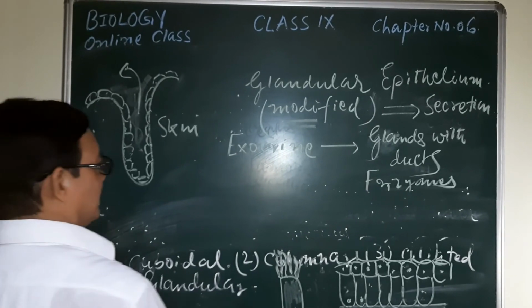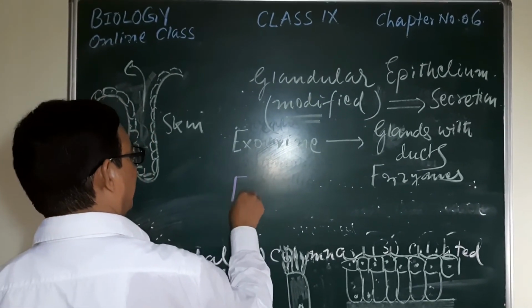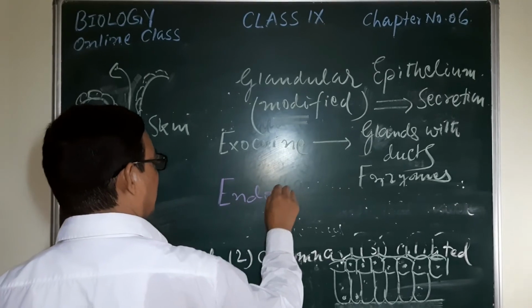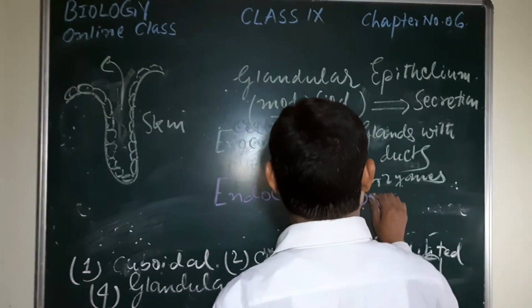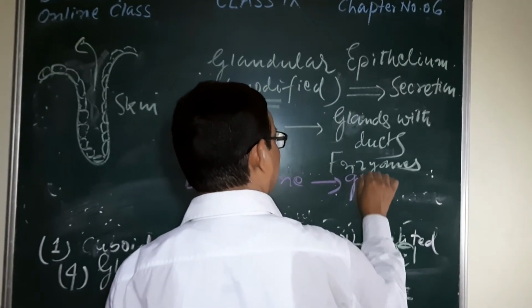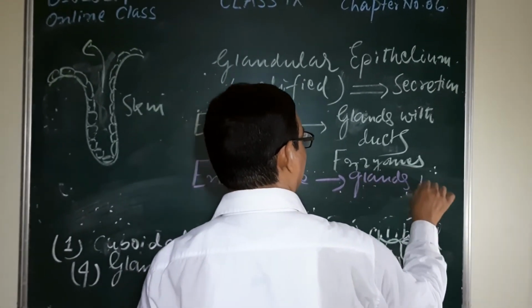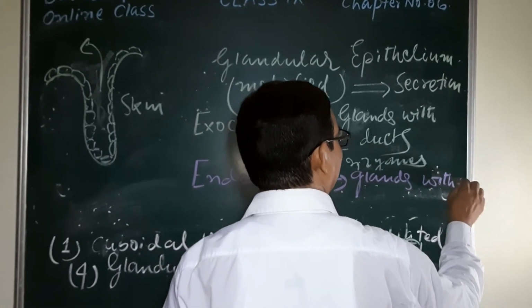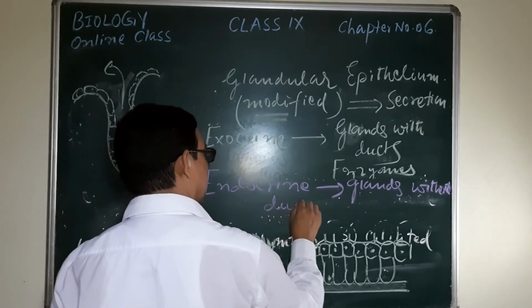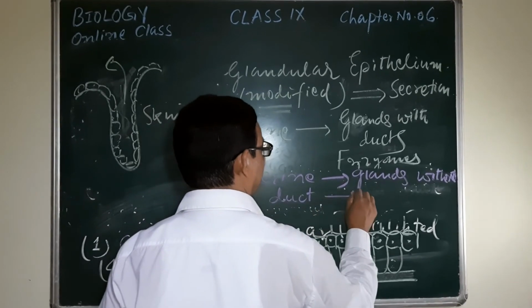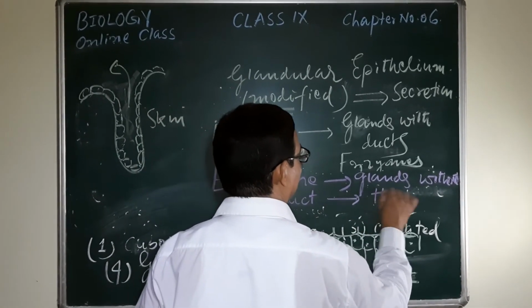And the second important one is the endocrine glands, without ducts. Their main secretion is hormones.